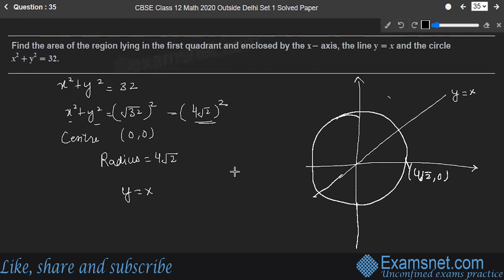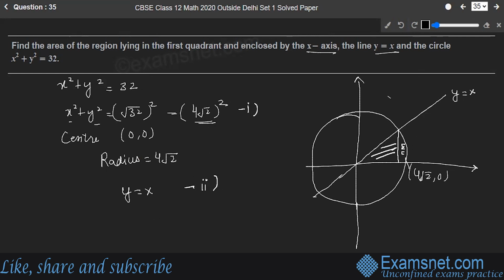Fine. So you have to basically find the region enclosed by the x-axis, this line, and this curve. So basically you have to find out this area. So this area is made by this triangle plus this shaded part, right? So let's say this is equal to 1 and let's say this is equal to 2.